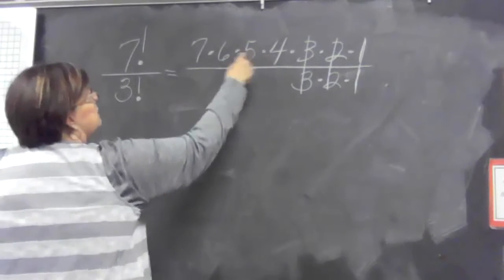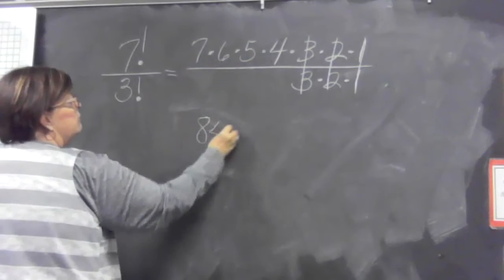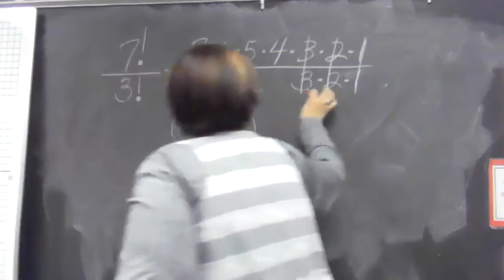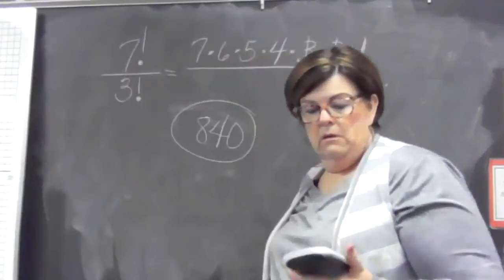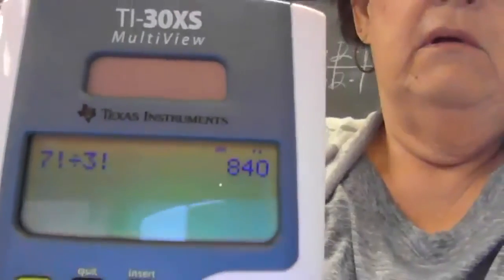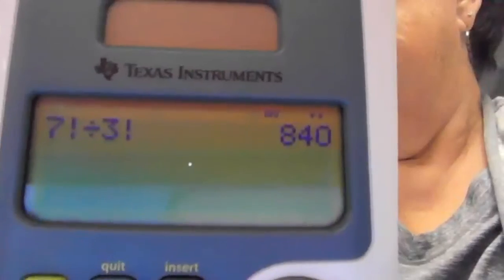This is 20 times 42, which would be 840, because these canceled out. I got the same answer, but I did the top, did the 7 and got 5040 and divided that by the 6, and I got 840. That's okay too.